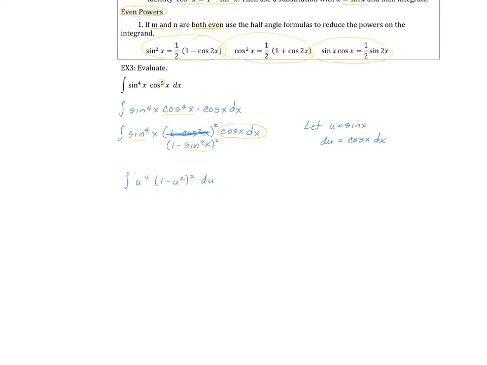So this is basically just a polynomial. We can go ahead and multiply all of this out. Here, the 1 minus u squared squared would turn into 1 minus 2u squared plus u to the 4th. And then distributing the u to the 4th, I have u to the 4th minus 2u to the 6th plus u to the 8th.